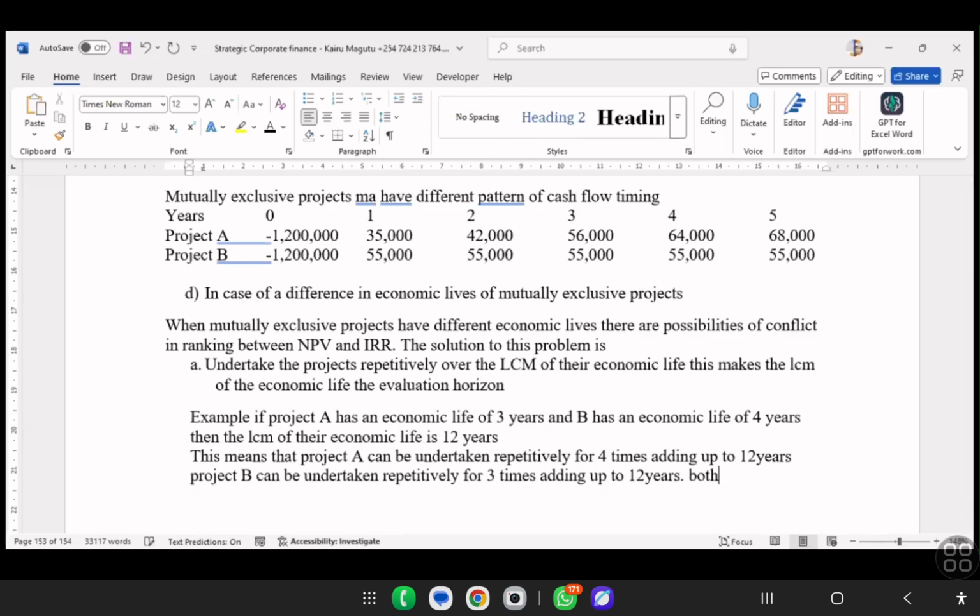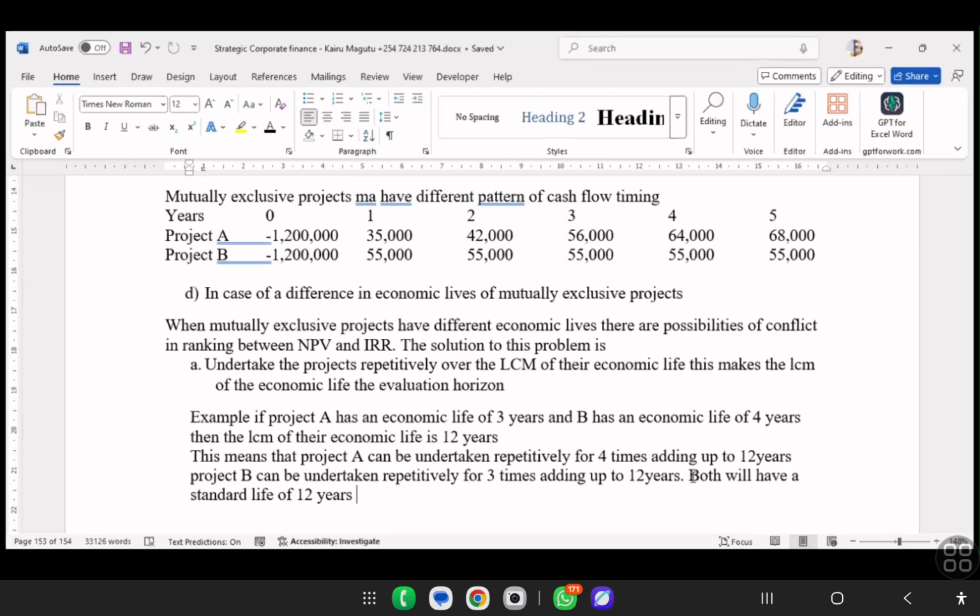Both will have a standard life of 12 years, which is the LCM. That is what it means when the projects have different economic lives.